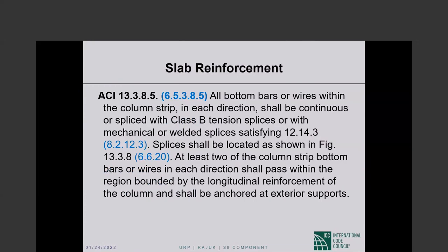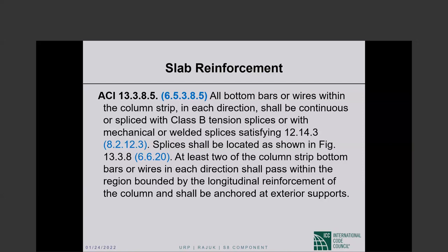This is rather different from everything else that we are discussing in connection with slab reinforcement. This is what we call structural integrity reinforcement.